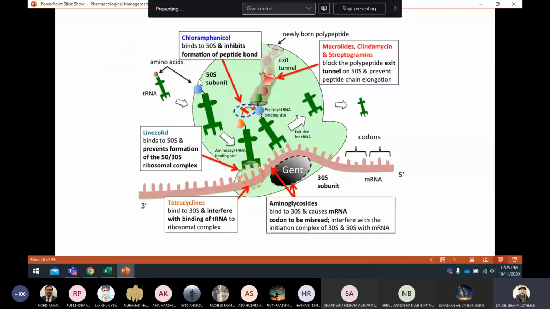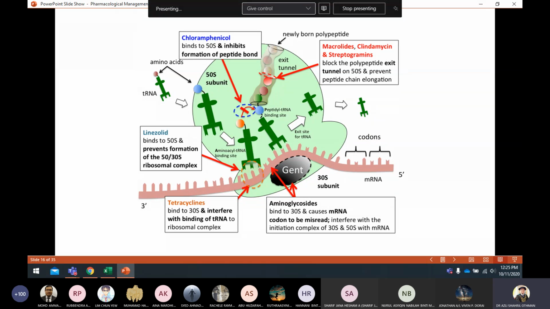You definitely have to mention to which ribosomal subunit the drug binds. Is it 50S? Is it 30S subunit? And what actually happens from there? Is it prevention of peptide chain elongation? Is it prevention of formation of peptide bond? Is it codon misreading? So you need to describe in a little bit more detail.